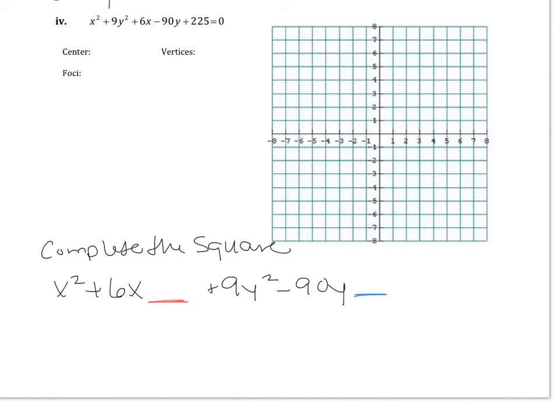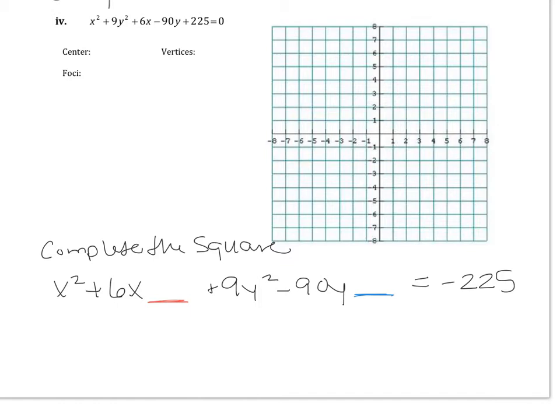I'll leave a little space here too. And I'm going to move the 225 over, because that 225 doesn't look like it's going to help us complete any squares here. And even if it did, it's a good habit to just kind of move all the numbers over and then deal with them later. But if you do see that one of the constants helps you complete the square, then you can leave it.